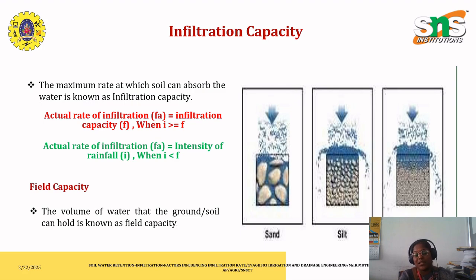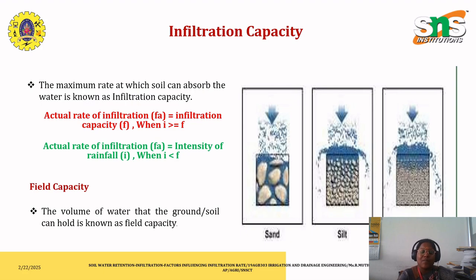Field capacity is nothing but the volume of water that the ground or soil can hold. Here I have shown you three kinds of soil texture: sand, silt and clay. When precipitation occurs, since the texture of sand is coarse, the pores available are very large in ratio.